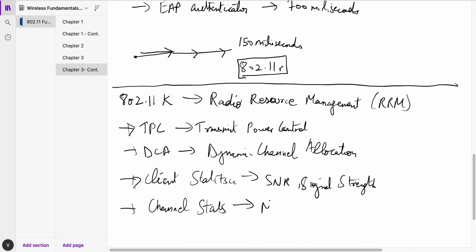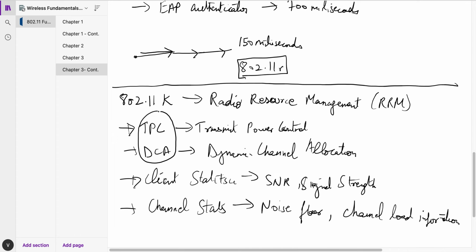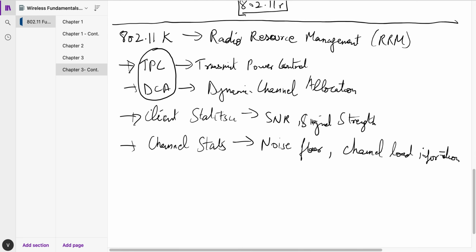Channel stats like what's the noise floor on that channel, and also what is the channel load information. So these stats are collected and reported back, which helps the controller or the AP to take better decisions and then change the TPC and the DCA of the AP. That is transmit power or dynamic channel allocation. .11k takes care of that.